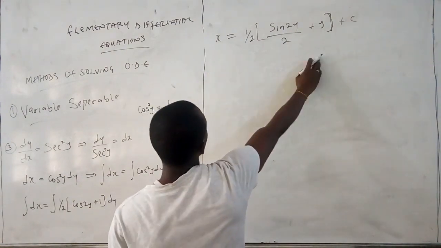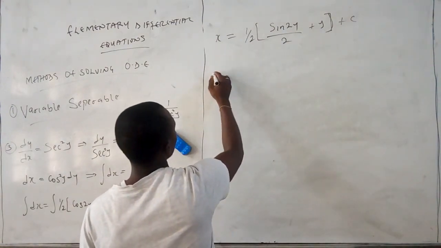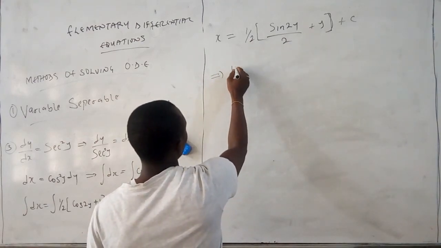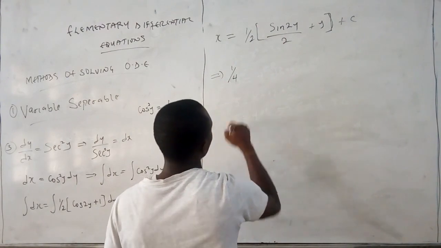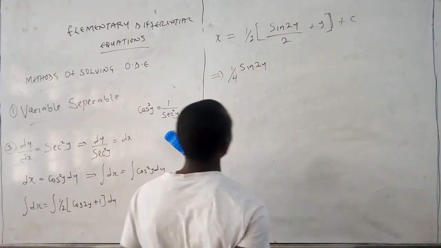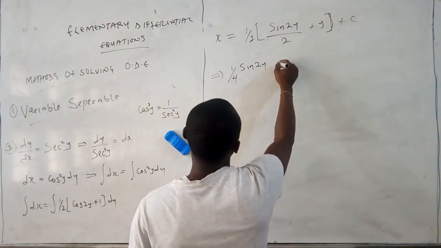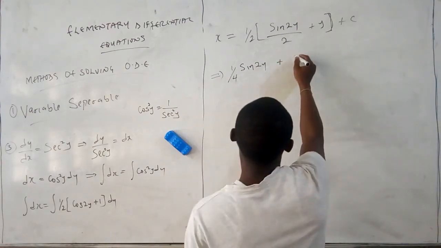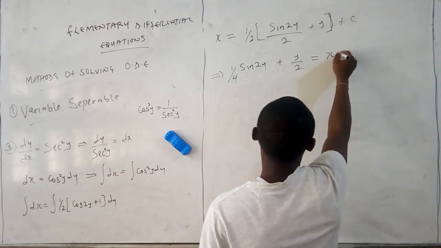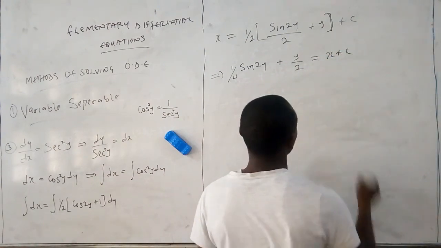So if you open up this bracket, starting from this side, you have 1 over 4 sine 2y plus y over 2 is equal to x plus c.